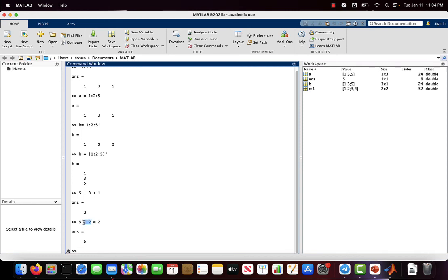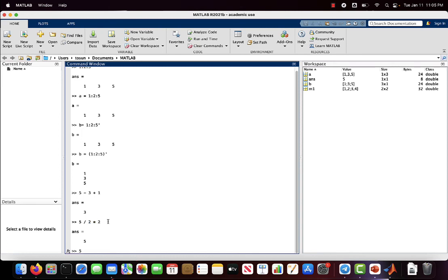Now it will do the division and the result will be 2.5, and then MATLAB will do that multiplication, and the result will be 5. If MATLAB did the multiplication first, the result would be different, but MATLAB always executes from left to right for same level precedence operators.